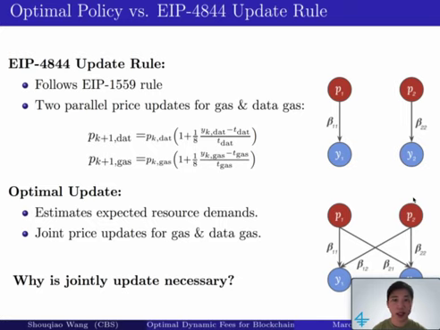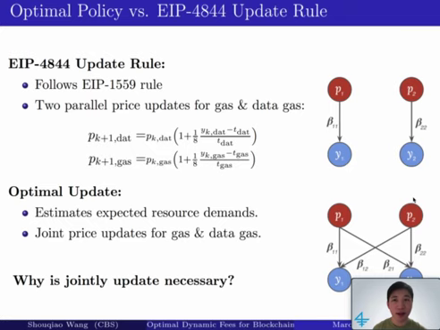And here's a question. Why is it necessary to jointly update the fees? This is essentially because in EIP 4844, the price of gas or data gas individually will affect the demand of both gas and data gas.